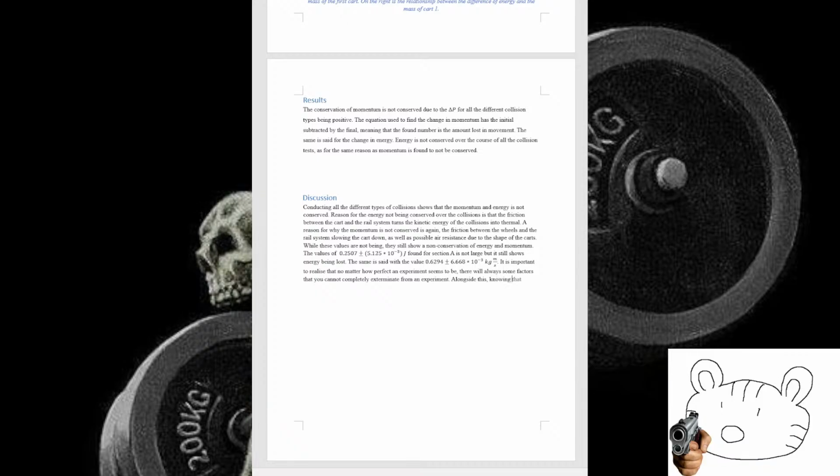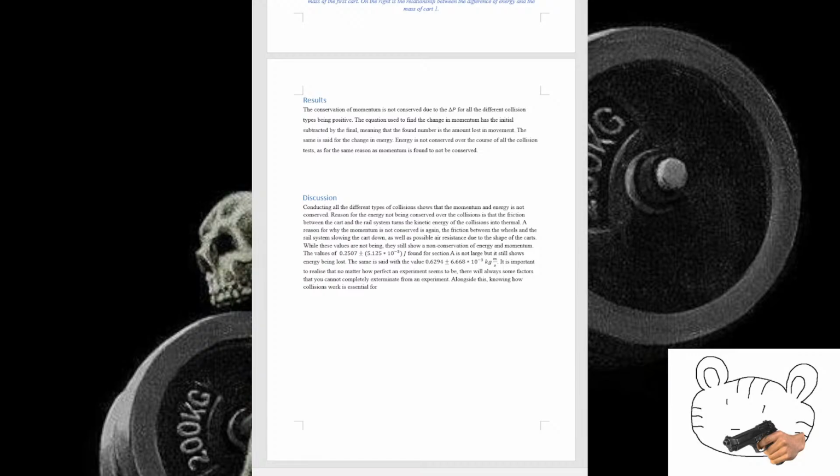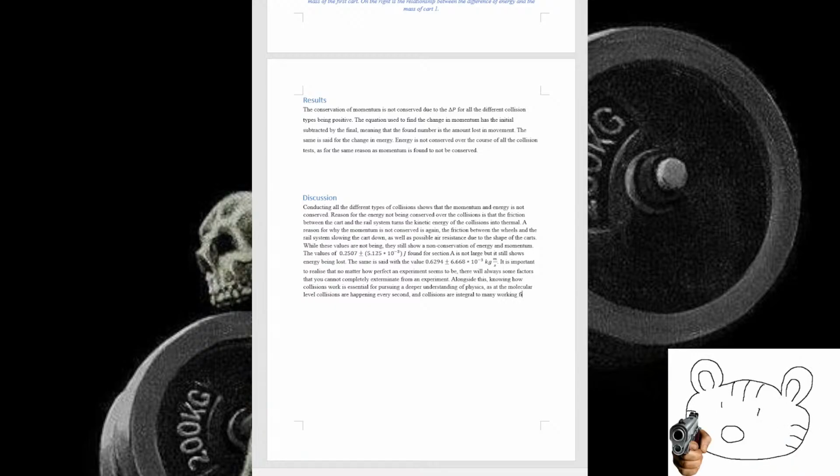Alongside this, knowing how collisions work is essential for pursuing a deeper understanding of physics, as at the molecular level collisions are happening every second, and collisions are integral to many working fields.